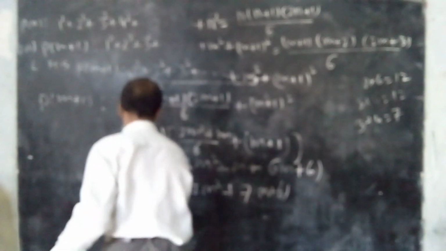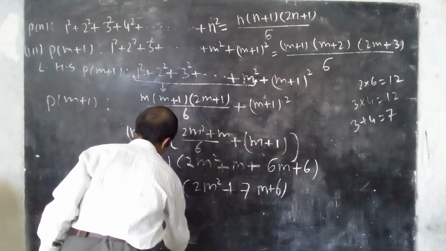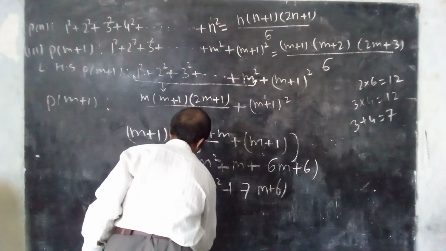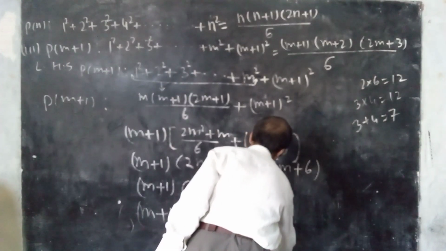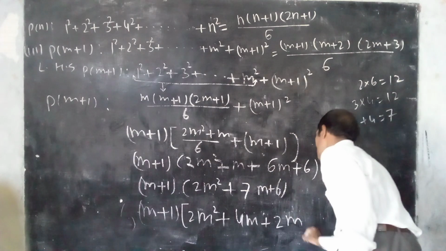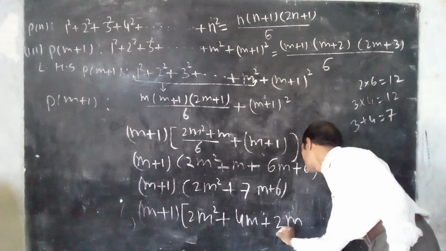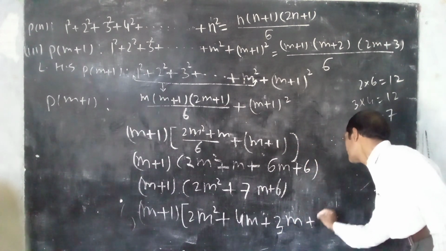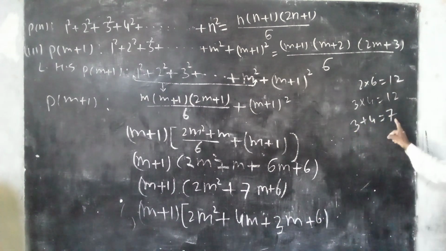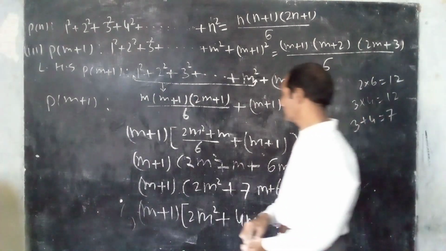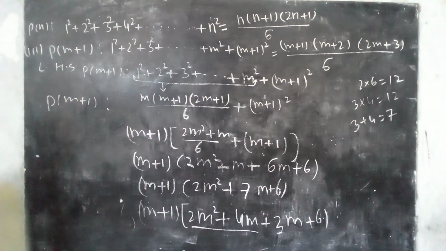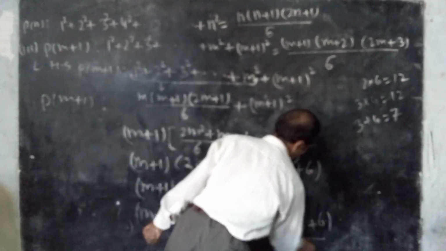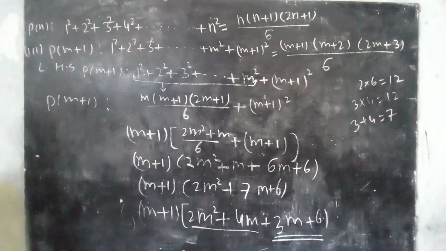So this becomes m plus 1 times 2m square plus 4m plus 3m plus 6. In place of 7 you can write 3 plus 4. Now factorize: in the first two terms 2m is common, in the second two terms 3 is common.